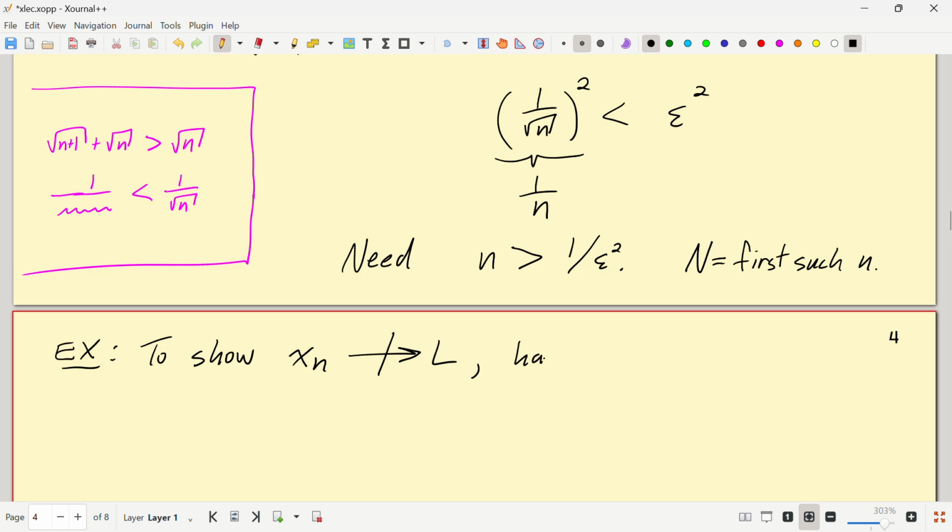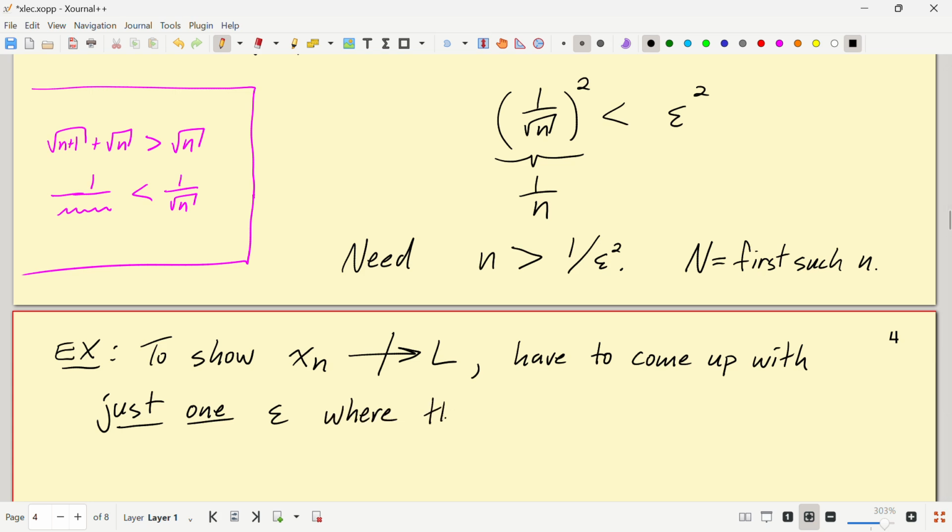You have to come up with just one epsilon that doesn't work. Just one epsilon where this game fails. The book actually uses the word game. This is kind of a game.